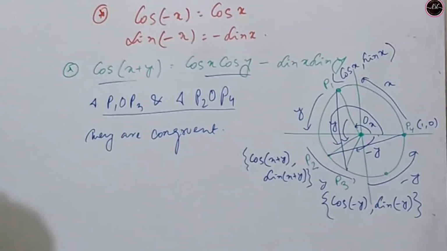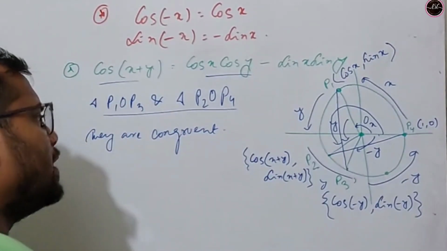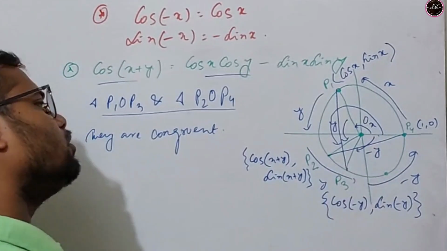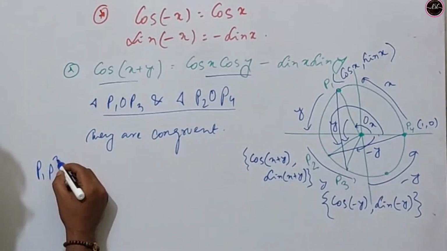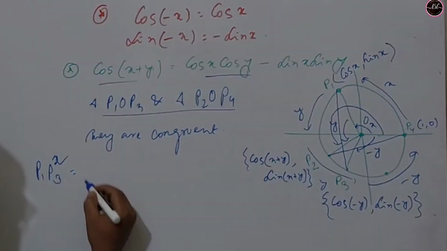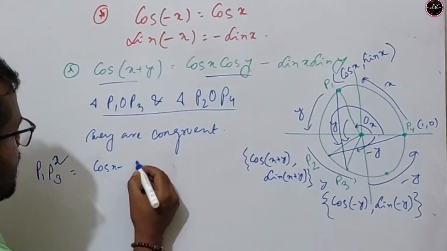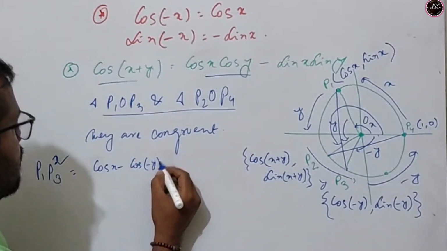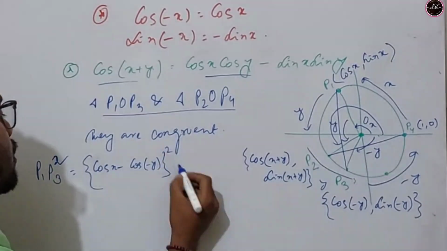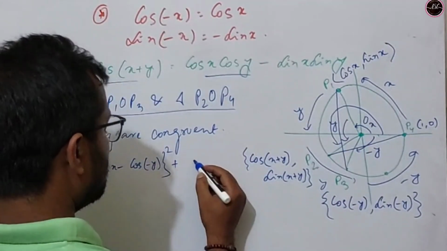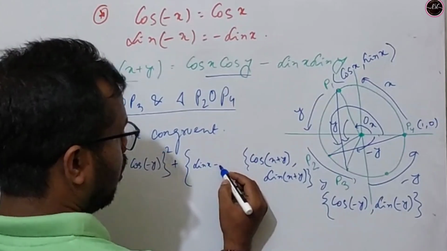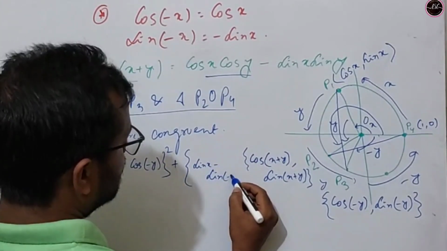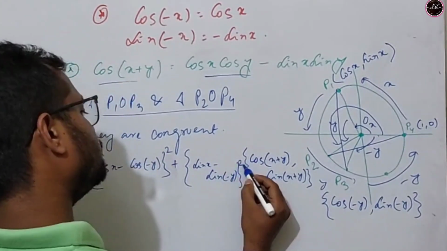So by the distance between coordinates, we get P1 P3 square equal to cos x minus cos of minus y whole square plus sin x minus sin of minus y whole square.